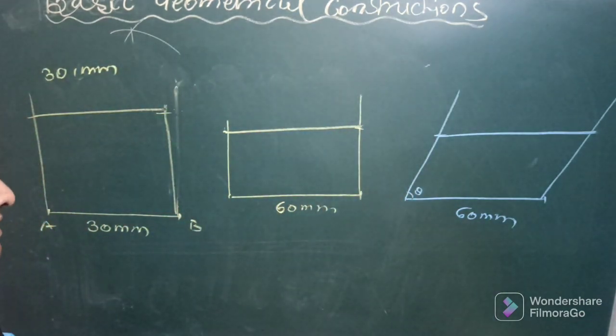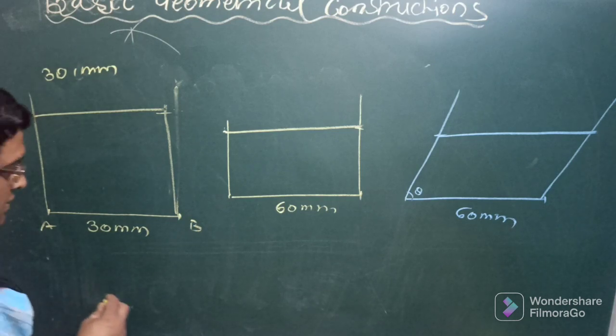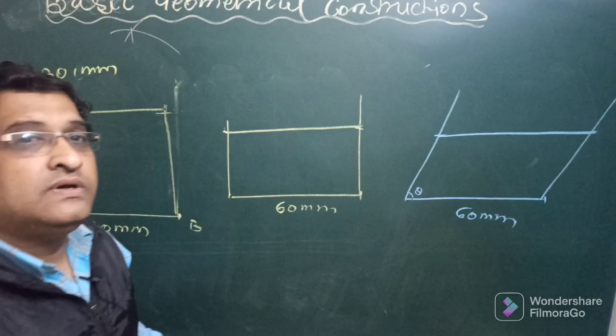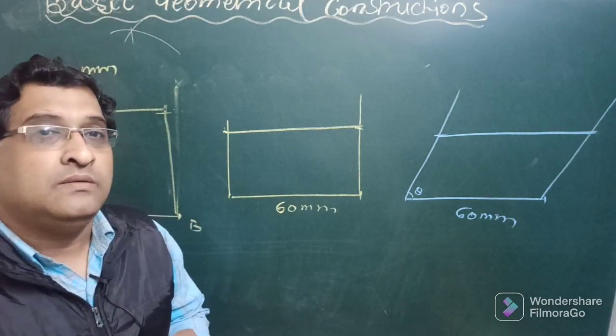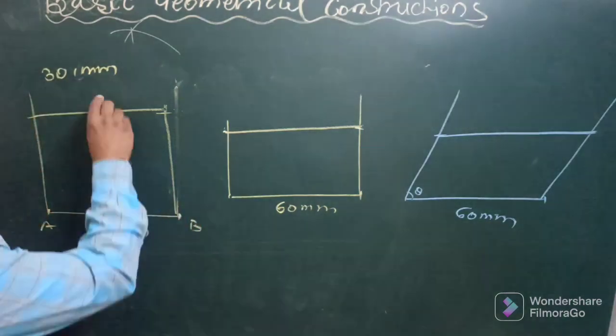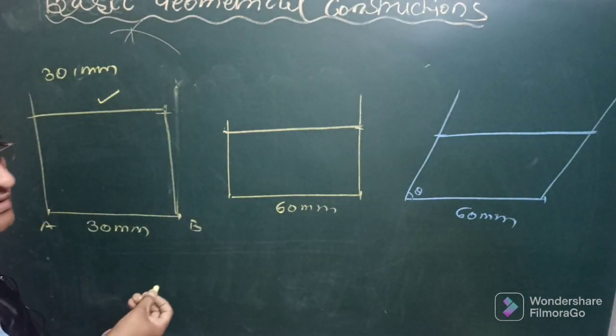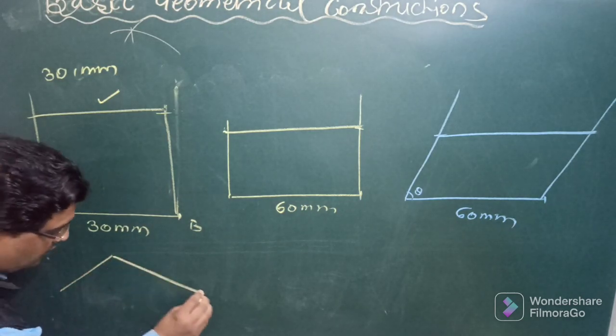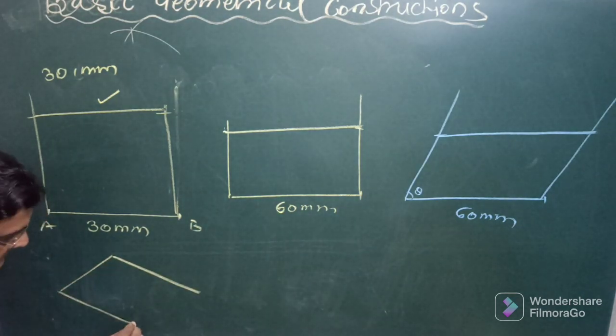One more figure is the rhombus, and the rhombus has the property that the diagonals of the rhombus are perpendicular to each other but unequal, and all four sides are equal, just like a square. But the difference between a rhombus and a square is that the rhombus shape is generally like this.